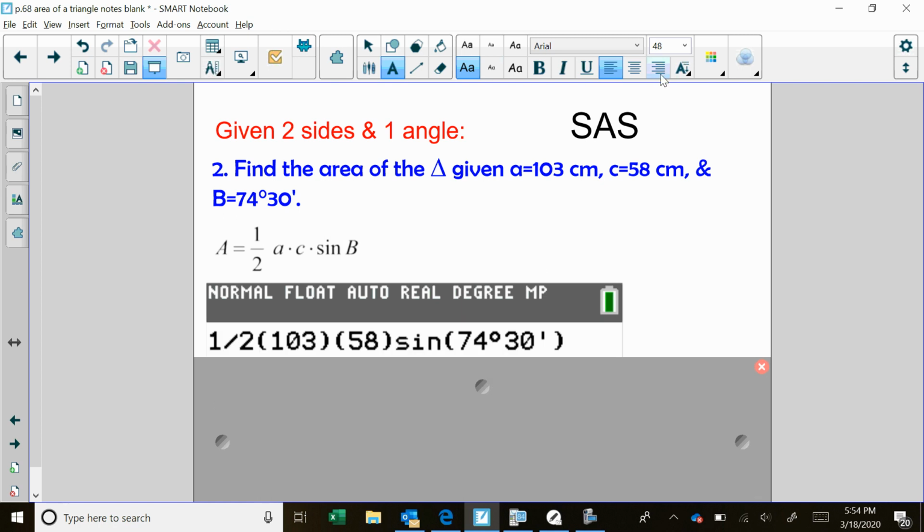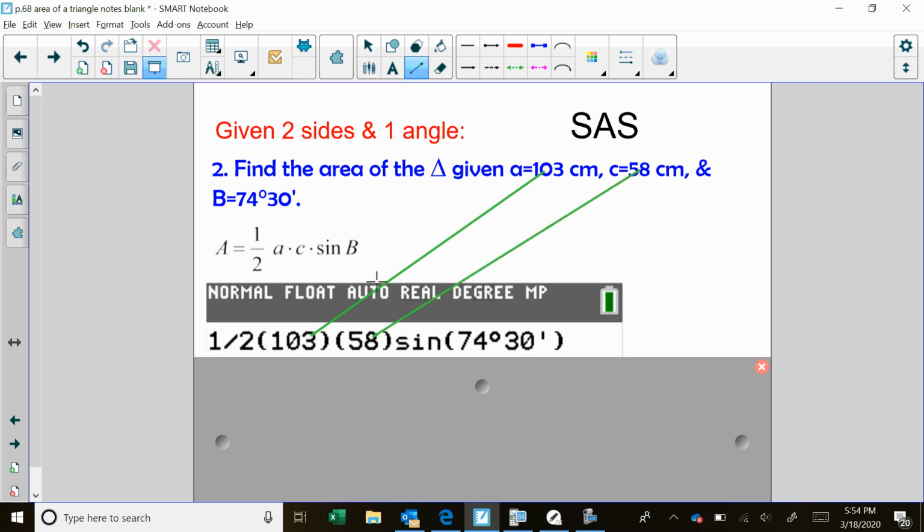Let's get back to our arrow. 103, 58, and I don't really want to cross that, but I will, I guess. The 74 degrees and 30 minutes is right there. If you don't remember where degrees and minutes are, that would be your second.